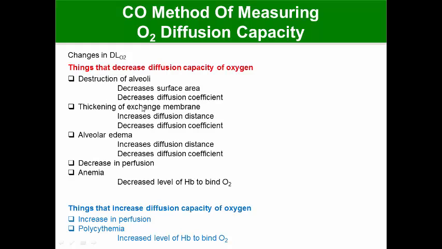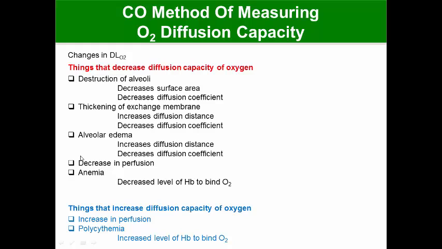If the respiratory membrane is thickened, again remember Fick's law, this increases the diffusion distance, so this decreases the diffusion capacity, and this also decreases the diffusion coefficient. In alveolar edema, because now there is fluid in the alveoli, this also increases the diffusion distance and decreases the diffusion coefficient.